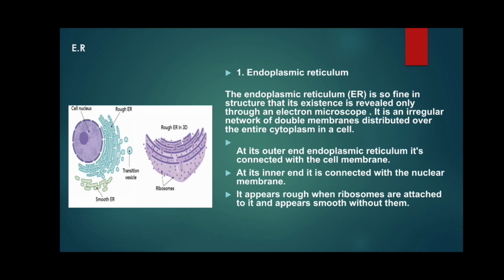When ribosomes are attached with the endoplasmic reticulum, that is known as rough endoplasmic reticulum or RER, and when ribosomes are not attached, then that is considered as smooth endoplasmic reticulum.